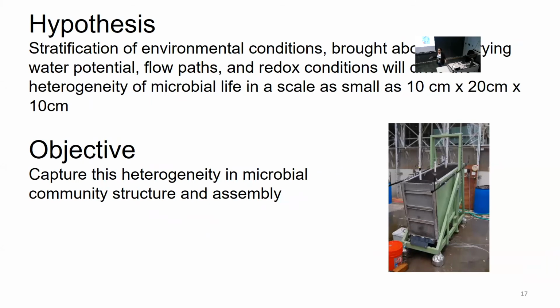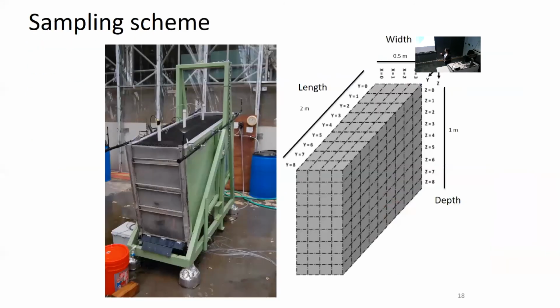So even though this is a homogeneous basalt soil system, the stratification as a result of redox conditions and water potentials is going to give rise to a heterogeneous microbial community. And then the objective was, can we capture this heterogeneity in the first place? Do we see the heterogeneity and can we capture it? And then how is that heterogeneity happening? And this small scale that I point out, I'll come to it in the next slide.